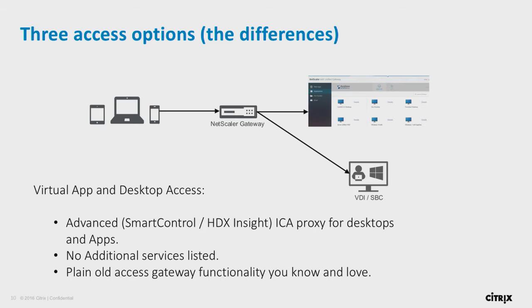You get that history, you get that additional information on top of your regular ICA connections that can be leveraged through the Unified Access Gateway. The other part that makes it advanced is that it's using some of the platinum features that the NetScaler provides as part of the licensing. You also have SmartControl, to decide what applications you get access to and what applications you don't get access to.